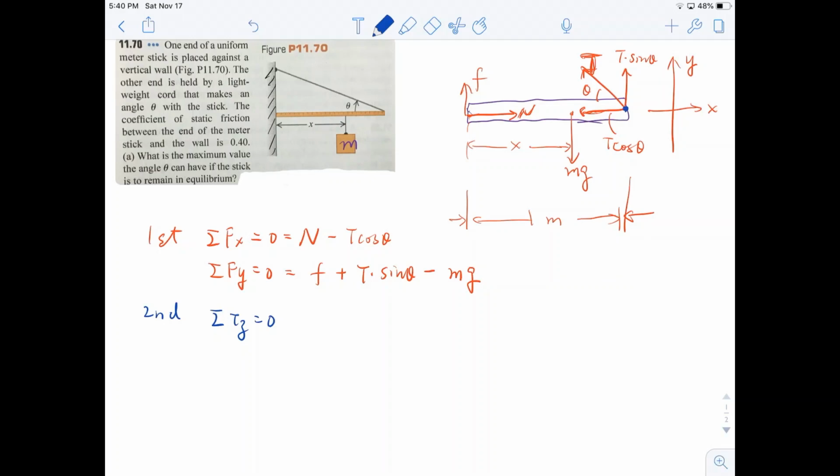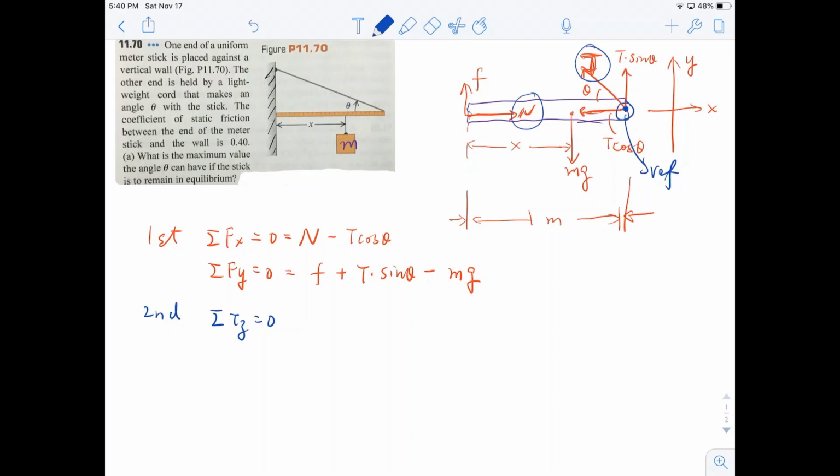This is our reference point. Because the tension goes through this reference point, it doesn't generate any torque around it. Also, the normal force doesn't generate any torque. So by choosing this reference point, we already knock out two of the forces. Now we don't have to consider them anymore.